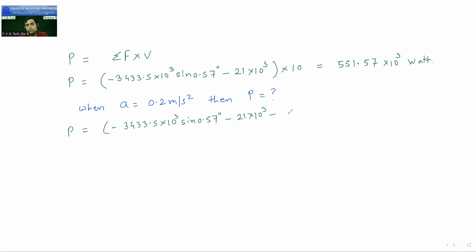So minus MA, what is the value of M? 350 into 10 raised to 3 multiplied by A, which is 0.2. So this term will get added. This term is nothing but MA. Because of acceleration, this term will come into the picture. So MA, which is equal to, here the answer which I am having is 1251.57 into 10 raised to 3 watt.